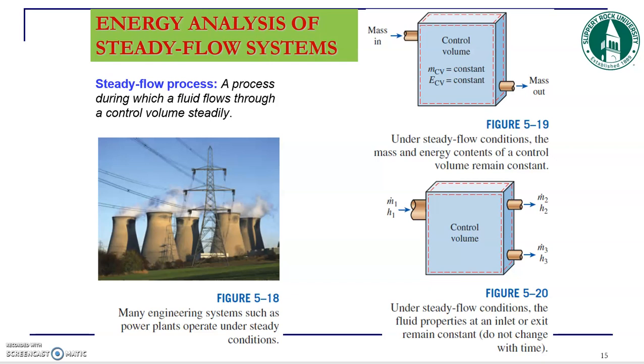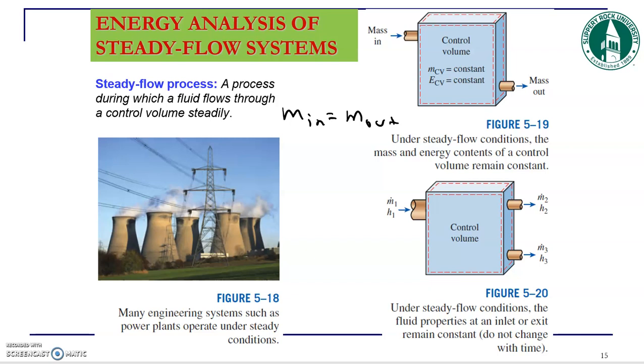Okay, so how about if you have a steady flow system? In a steady flow system, what happens? There is no basically mass accumulation inside your control volume, so the total mass of your system stays constant, which means that mass in is going to be equal to mass out.